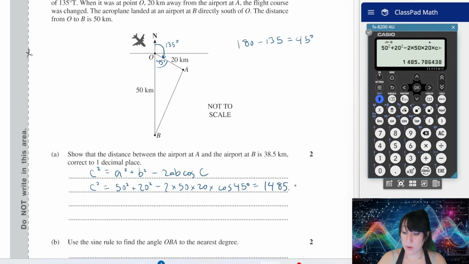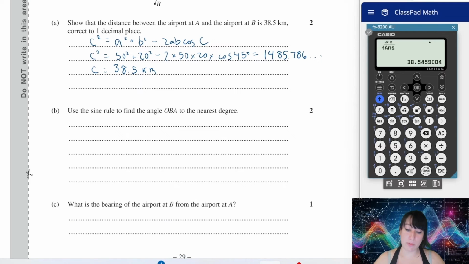This is what c squared equals. C itself will be the square root then. So that is 38.5 kilometers, which we were told it was going to be.